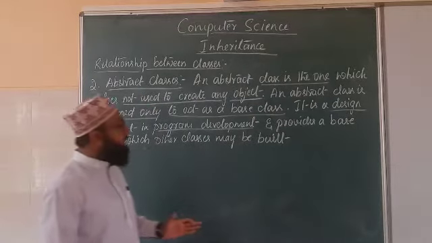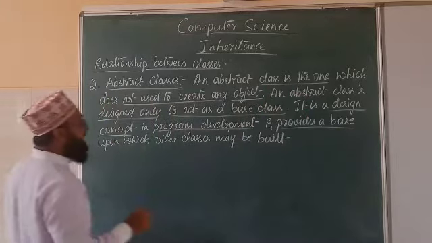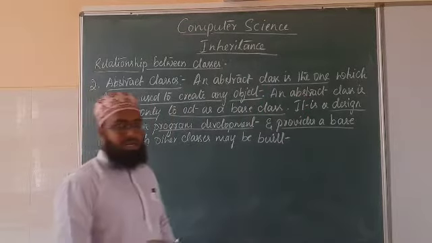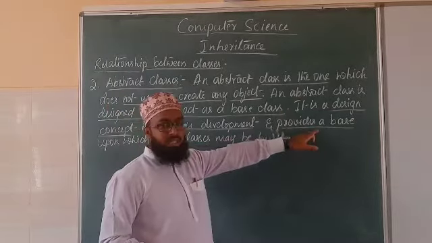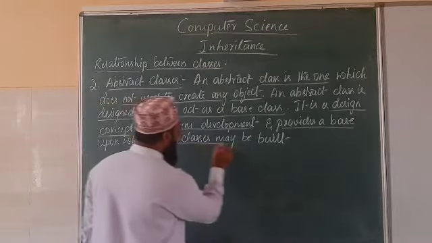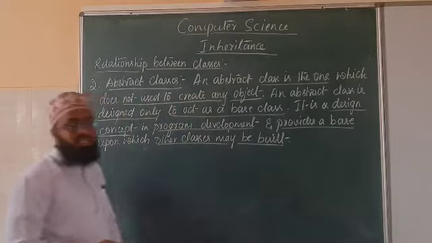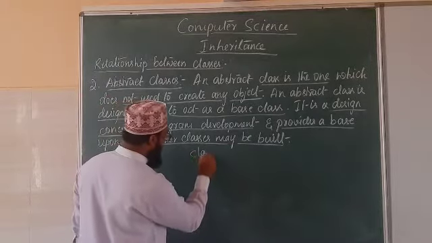What is meant by design concept? It provides a base class. Okay, an abstract class itself is a base class. On this base class, other classes are inherited. That means other classes may be built, just like derived classes. Take an example.